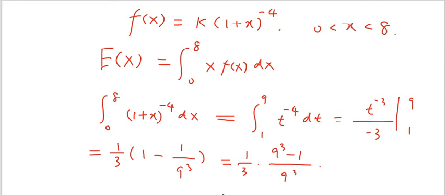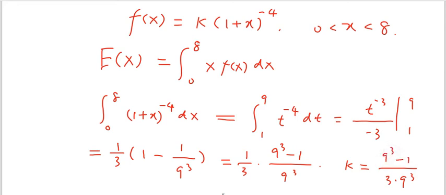Negative. Then we can find this integration. Okay, so for this integration, suppose we have this k. Actually, k equals just this, right? 3 times 9 3, and 9 3 minus 1.